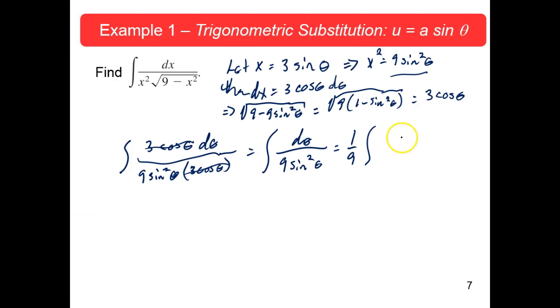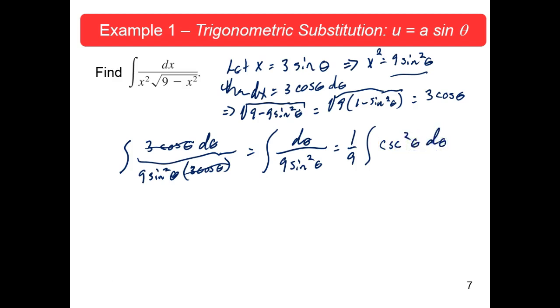Y'all should have picked me up on this. 1 over sine squared is the same as, anyone remember? Reciprocal identities in trig. Gonna have to talk with your trig instructor. Cosecant. So this will be cosecant squared theta d theta.